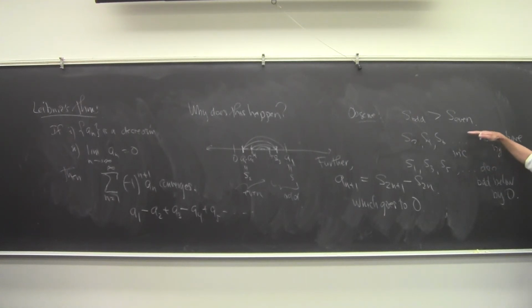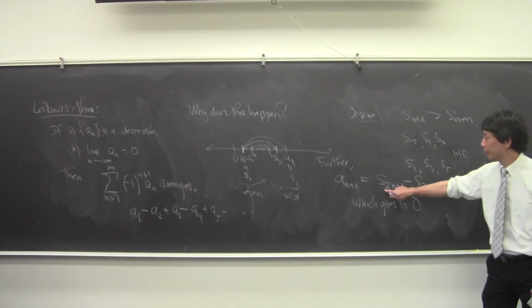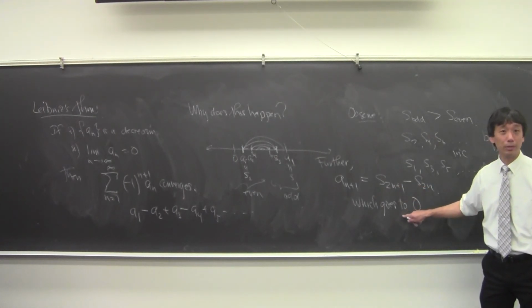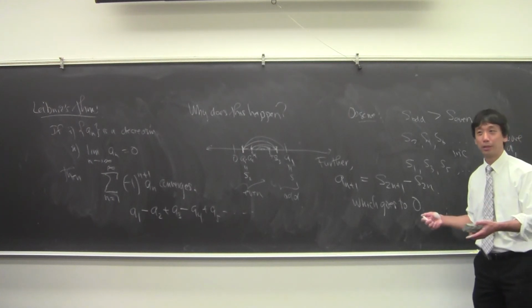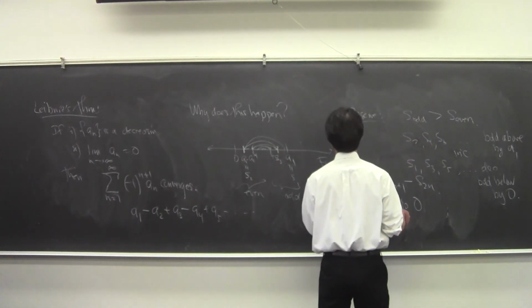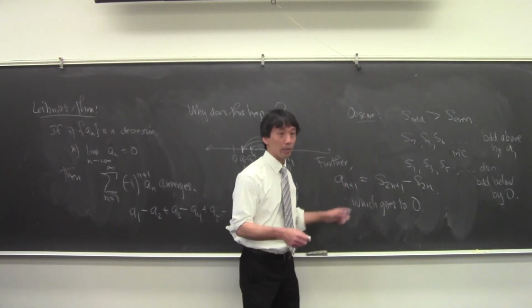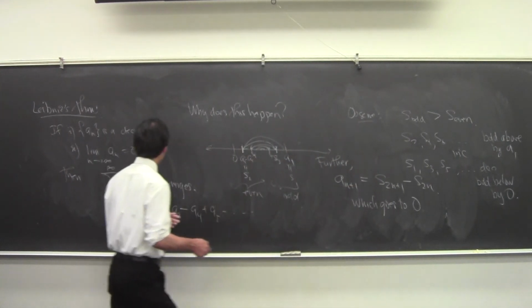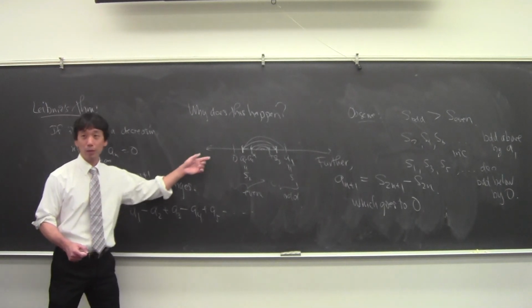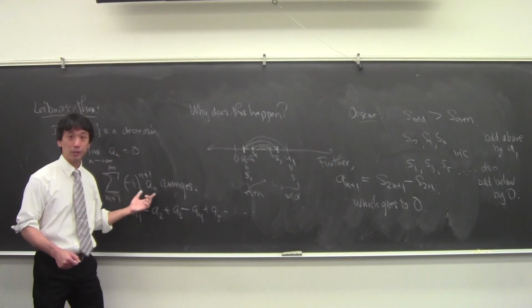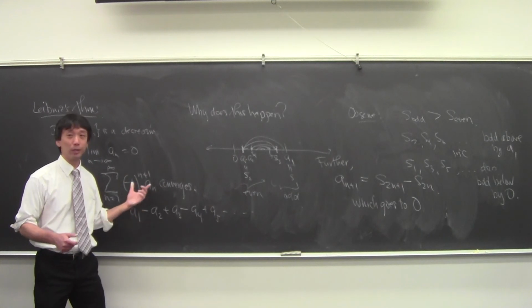It's a monotonic sequence that has a bound. So the odd partial sums and the even partial sums both converge. Further, the difference between them goes to 0, so they converge to the same number. That tells you that the full sequence of partial sums converges to some number. So your series converges.